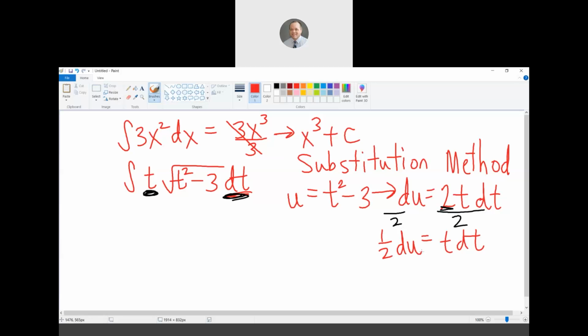We're ready to plug in to our original problem now. In place of t dt, we'll plug in 1/2 du. And you guys know any constants go outside the integral sign.